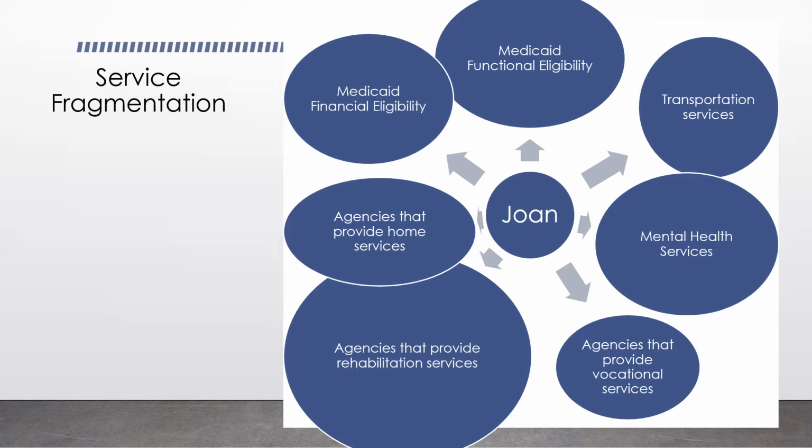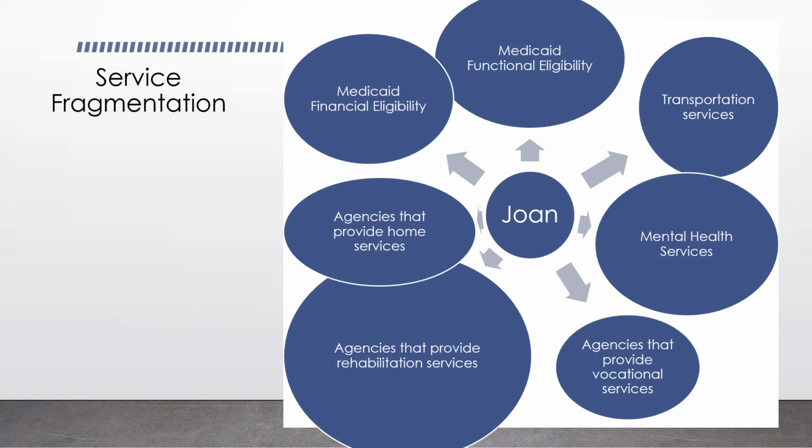So there's this whole web of services that Joan needs to access in order to live a healthy and happy life. But all of these tend to be isolated organizations, for profit or nonprofit, that she has to negotiate with, that may come into her life, may come out of her life, if they close down, things like that. And all of this is what we refer to as service fragmentation.